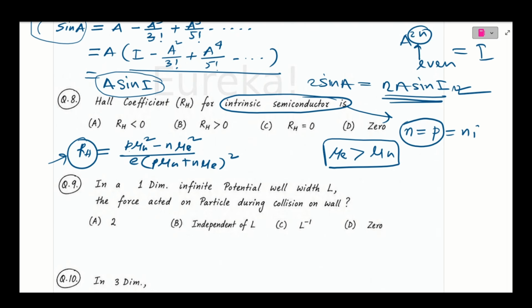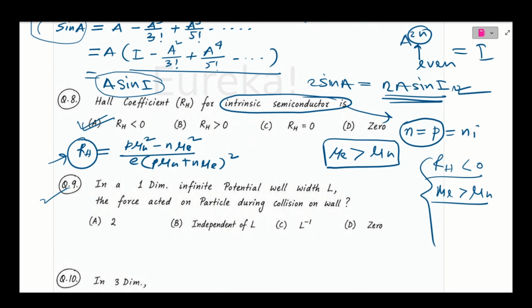So if we put n equals to p here, then the sign of Hall coefficient, positive or negative, directly depends on the mobility of electron and hole. Since mobility of electron is higher than the mobility of hole, RH must be negative. Fine, so option A will be the correct one.